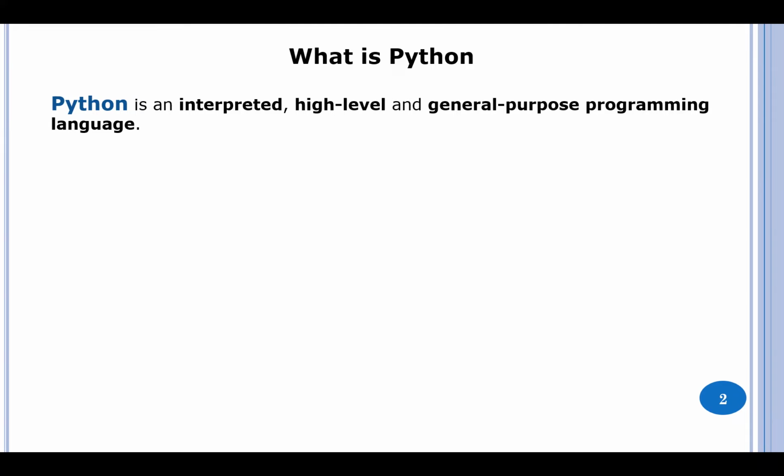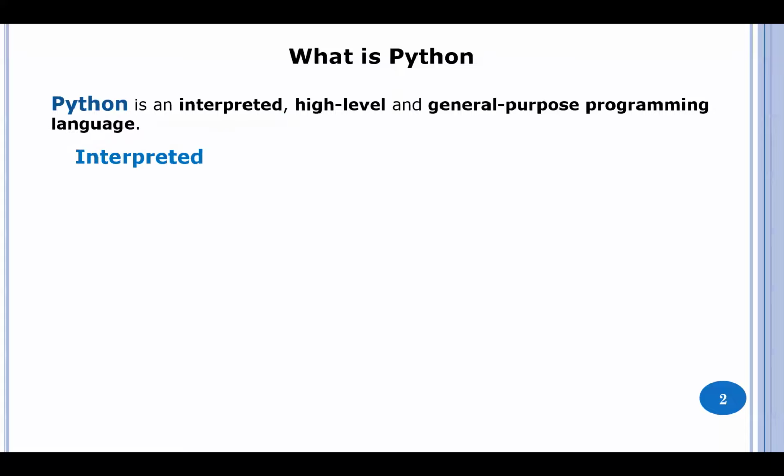We need to understand the meaning of these words, so that we don't require to memorize this definition. If you understand the words we have written in this definition, then if you go for an interview, you can explain in detail what Python is.